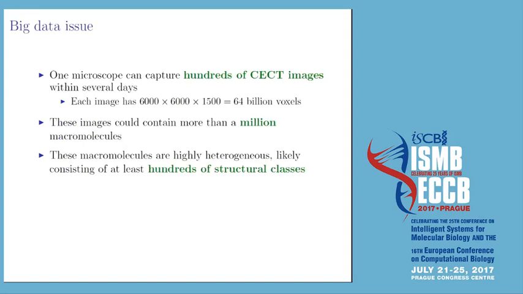In addition, there is a big data issue. Nowadays, with the advance of the automation of data acquisition, it's not difficult for an electron microscope to capture hundreds of CECT images within several days. Each image can have 16 billion voxels in size, and these images could contain more than 1 million macromolecules.